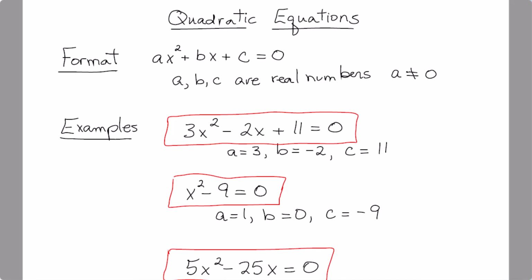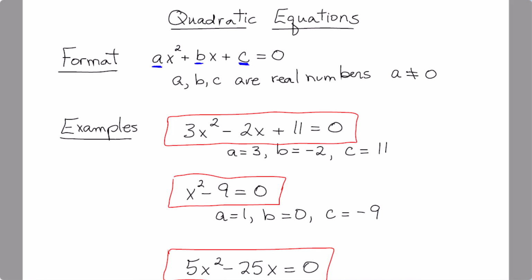Well, let's see. They're typically in the format of a number times x squared, plus a number times the variable. This has an exponent of 2. This has an exponent of 1. And then here on the end, we have another number, and it's equal to 0.